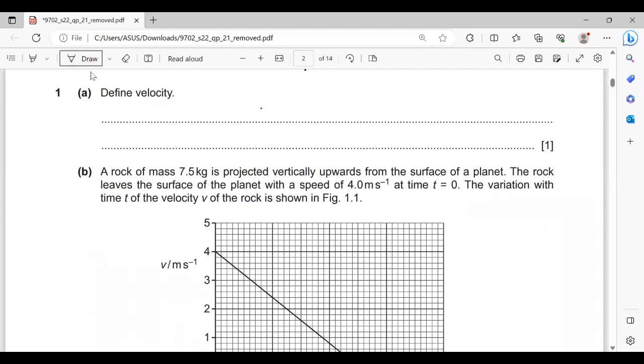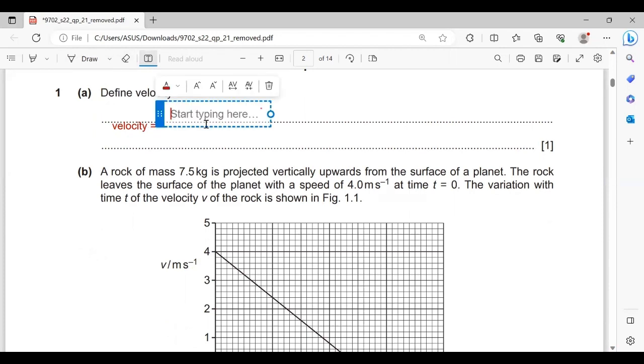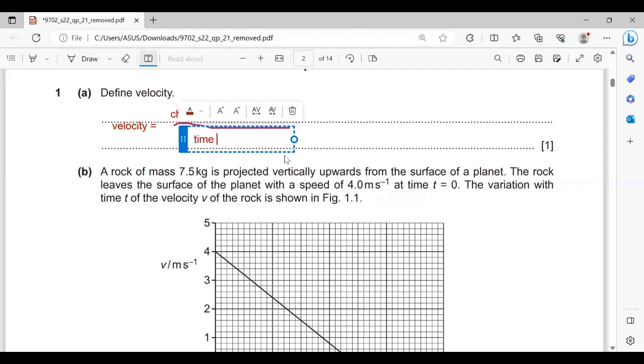Number 1, define velocity. Okay, velocity is change in displacement over time taken.